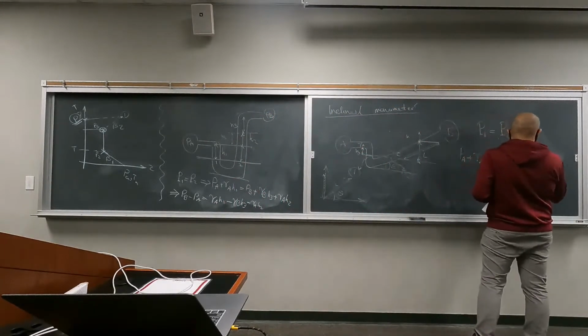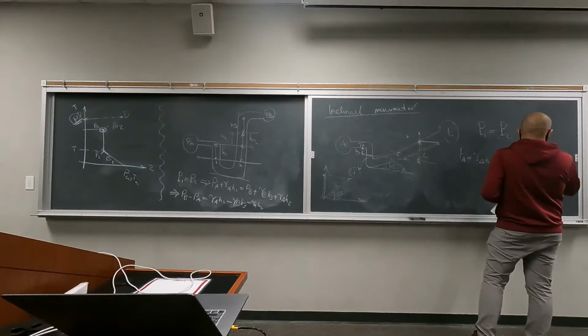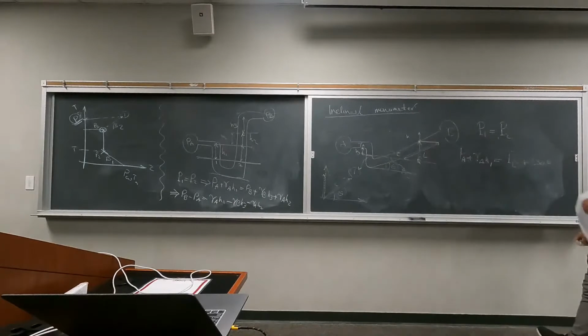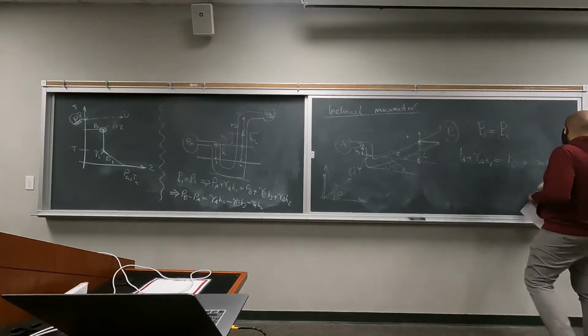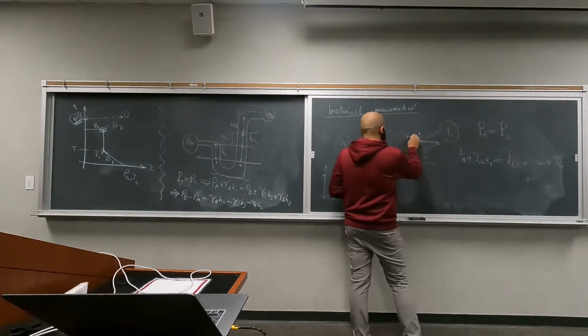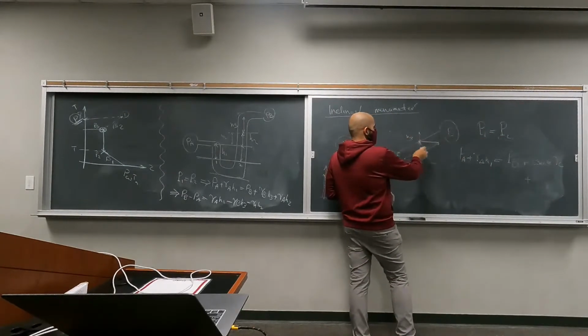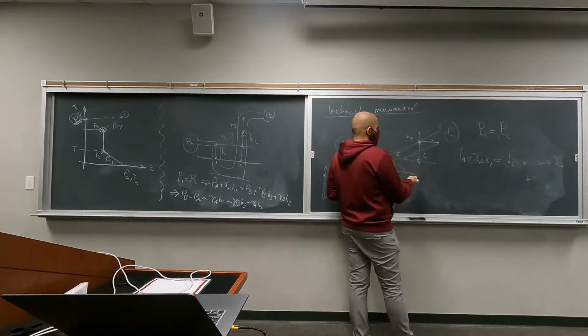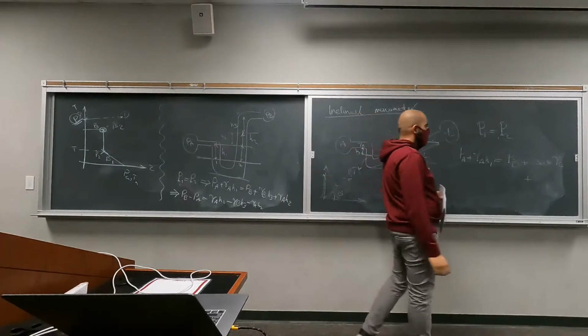So we are going to have L sine of theta multiplied by the gamma of this fluid C, plus, we are already given the height here, so we don't have the length to multiply by sine of theta. We only have the height.